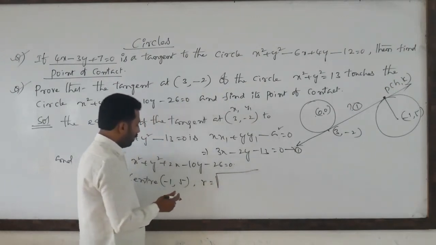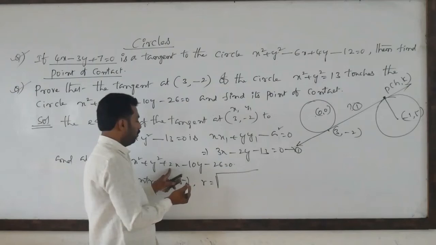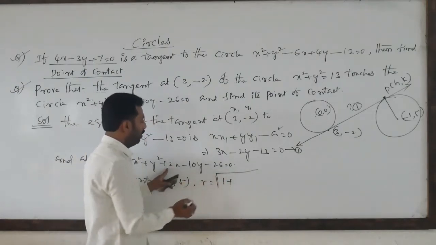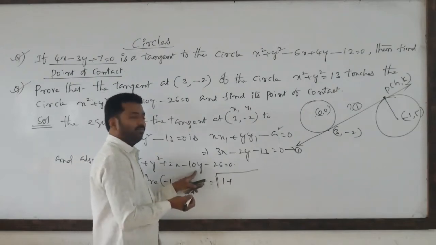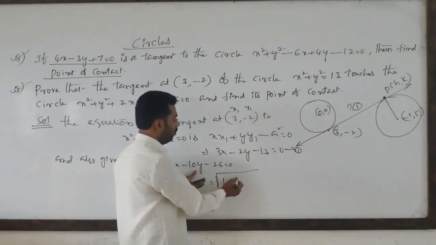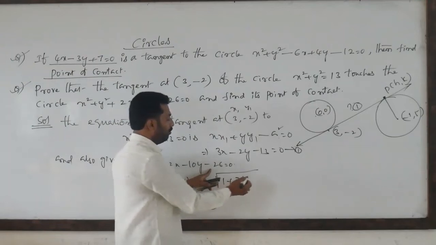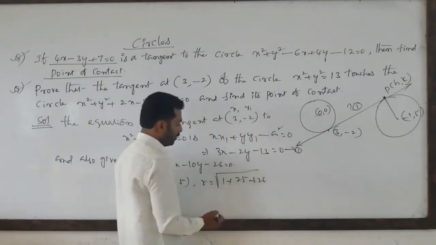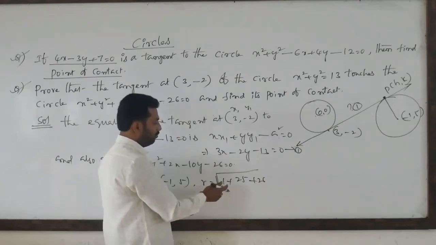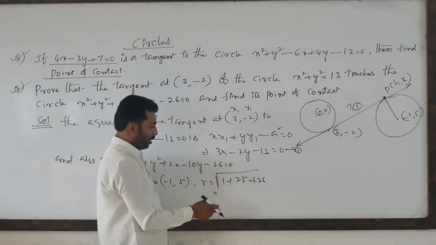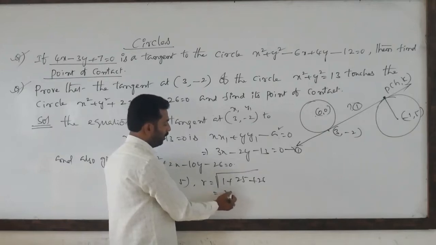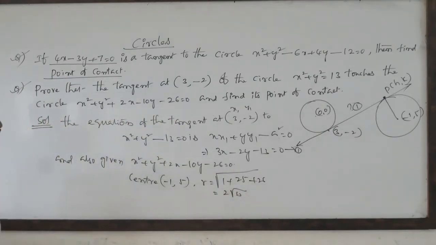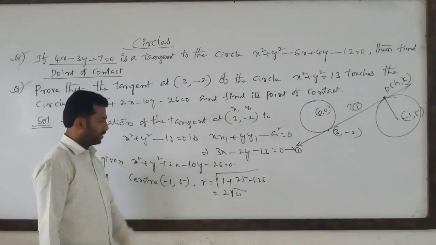Root of (x coefficient by 2, that is 2 by 2, which is 1) whole square, plus (y coefficient by 2, minus 10 by 2, which is minus 5) whole square, 25, minus the constant term, already minus 26 is there, so this is plus 26, nothing but root of 52. 13 four times, nothing but 2 root of 13. So 2 root of 13 is the radius.